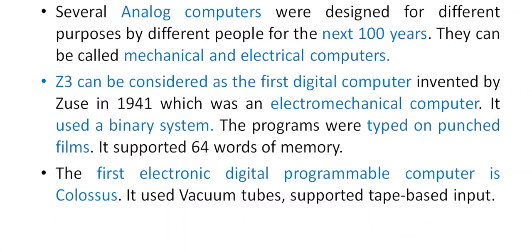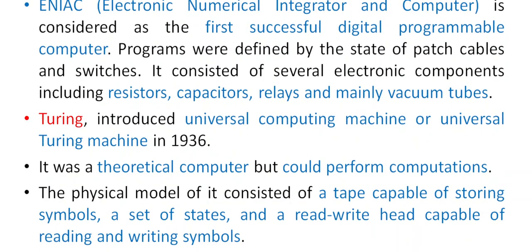The first electronic digital computer is Colossus. It used vacuum tubes and it supported tape-based input instead of punched cards. ENIAC, Electronic Numerical Integrator and Computer, is considered the first successful digital programmable computer.